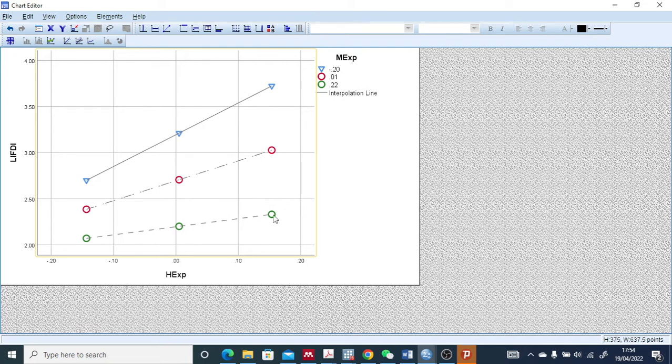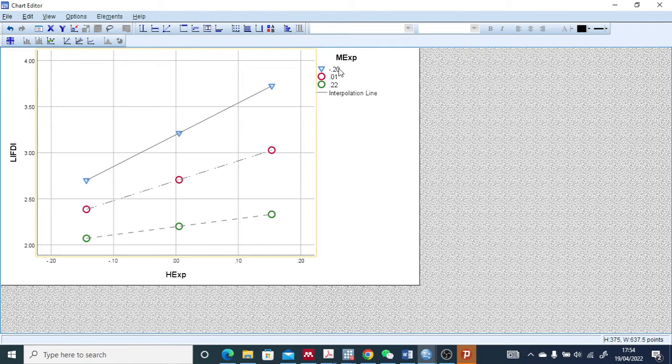And here, at maybe 1.5 of health expenditure, or you can say 15 health expenditure, the countries which spend more on the military get just, you can see here, between 2 and 2.5, that is around 2.3 FDI, whereas with the same health expenditure, the countries which spend less on the military get almost 3.5.